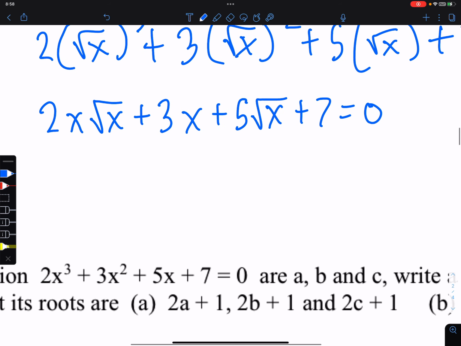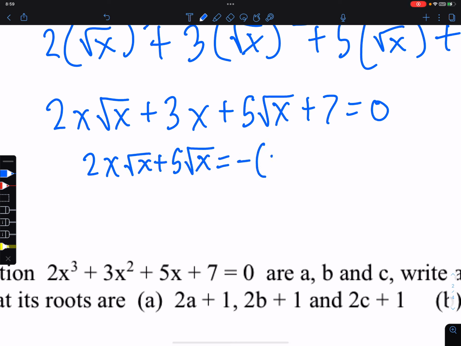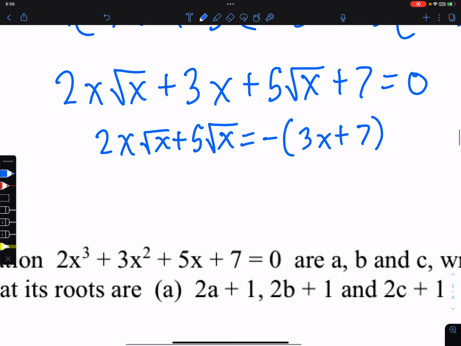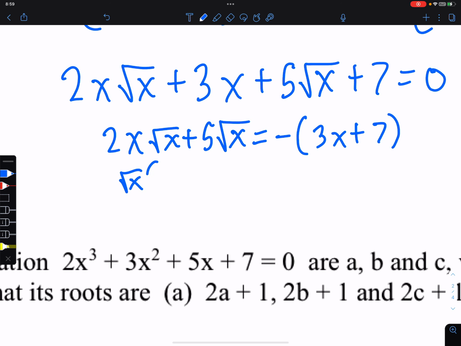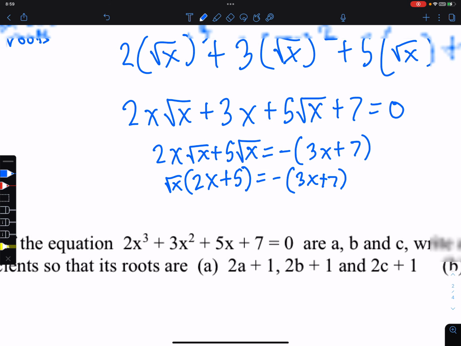So let's put 2x root x plus 5 root x together, and then let's put negative 3x plus 7 on the right side. And then on the left side, I'm going to factor root x out, okay, to make it easier on myself. 3x plus 7, and then I'm going to square both sides, okay?